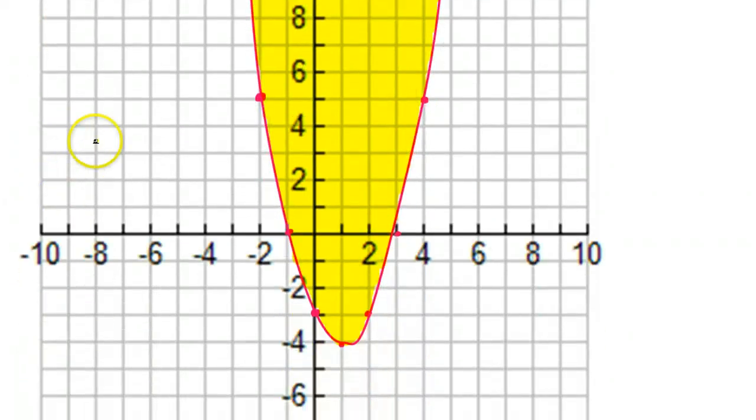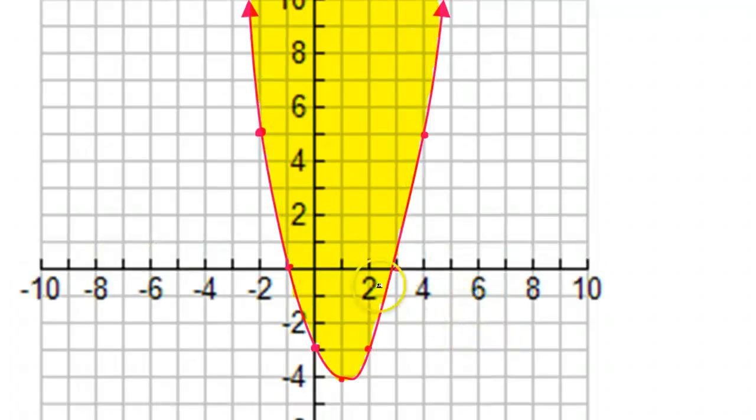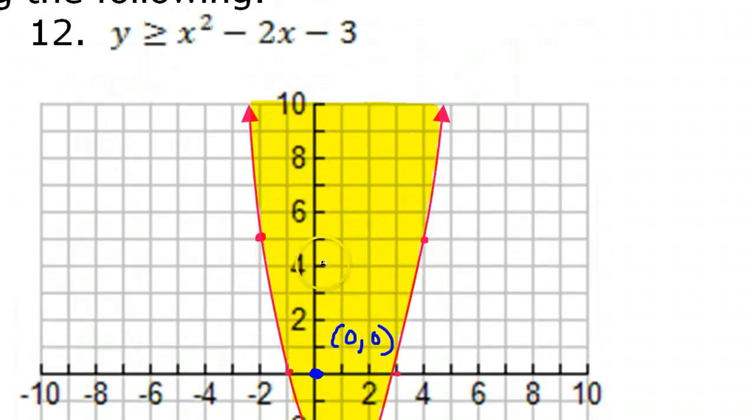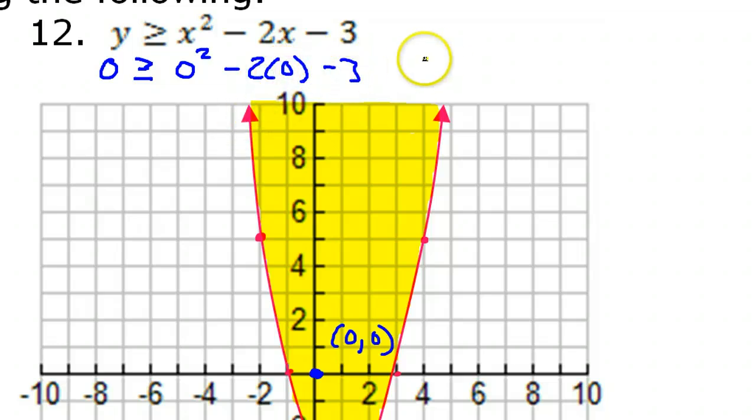Plain and simple. Now once again, if you were uncomfortable with the above-below method, or if you just wanted to double check with another method, use the test value method. Again, I like to use the point 0, 0 as my test value because it just makes the calculations easier. So if I substitute this into the x's and y's, let's see if it makes a true statement or not. This would become 0 is greater than or equal to 0 squared minus 2 times 0 minus 3.